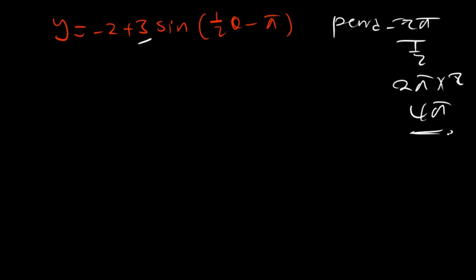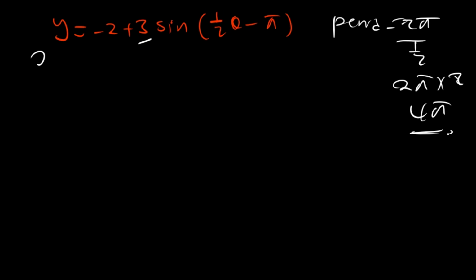Was it pi over 2? The phase shift, that's what we found? 2 pi. I solved this, which was quiz 2. Okay, it's 2 pi.